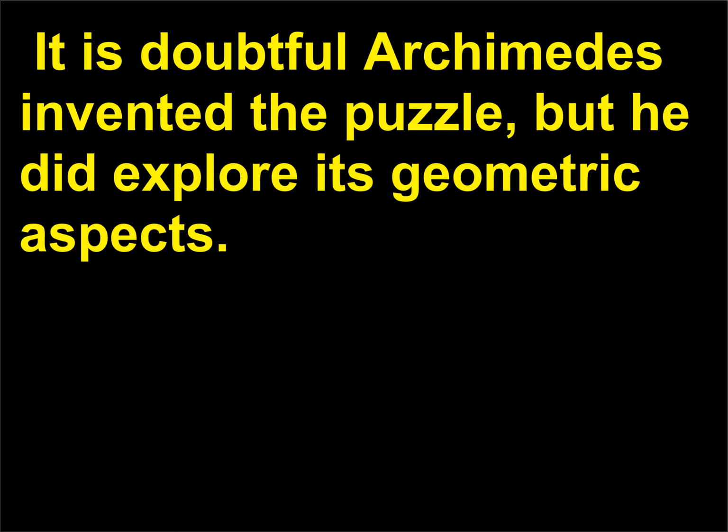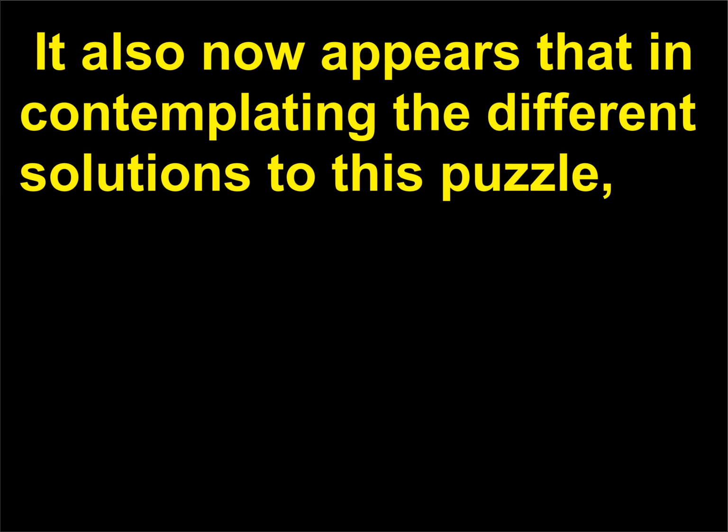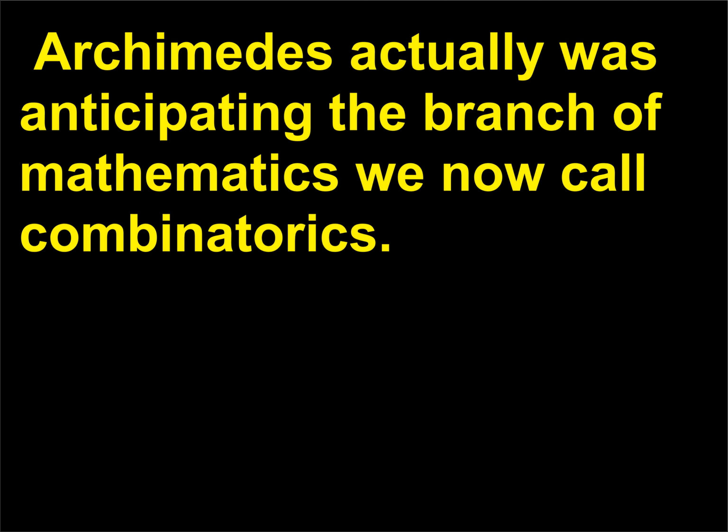It is doubtful Archimedes invented the puzzle, but he did explore its geometric aspects. It also now appears that in contemplating the different solutions to this puzzle, Archimedes actually was anticipating the branch of mathematics we now call combinatorics.